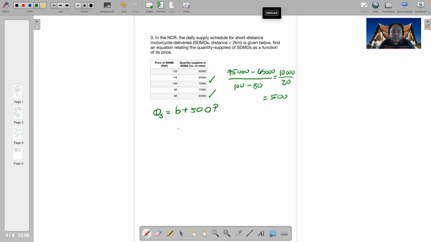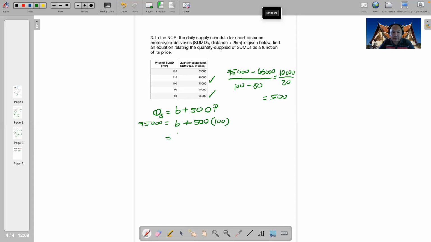So you will have here now, using one point that we want, let's use 100. So B plus 500 times 100 is equal to 75,000.